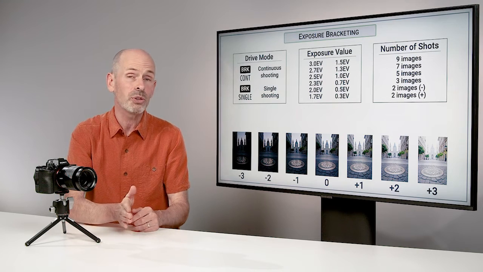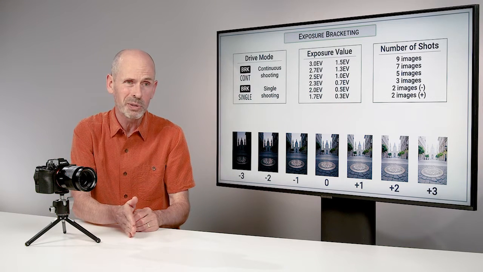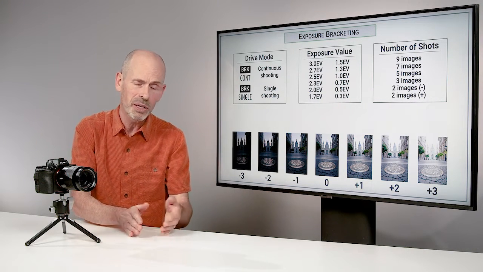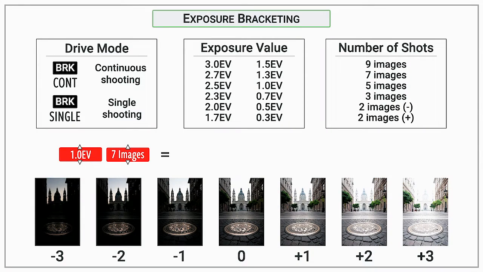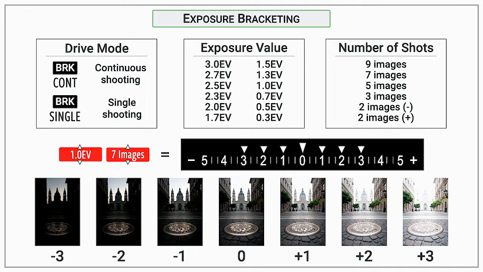But in some cases you can also do two images, which is a normal exposure, and then one more that is either underexposed or overexposed. And so when you get into this, you will see what your exposure value is, how much it's going up and down, how many you have set, and then you'll see little arrows in the exposure indicator to show you where those particular pictures are going to be taken.